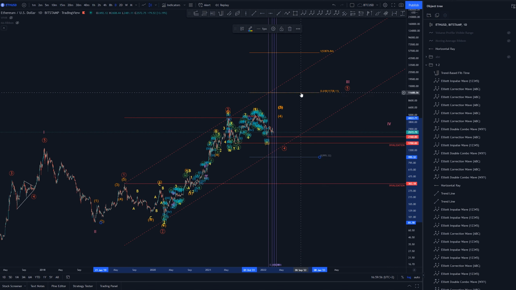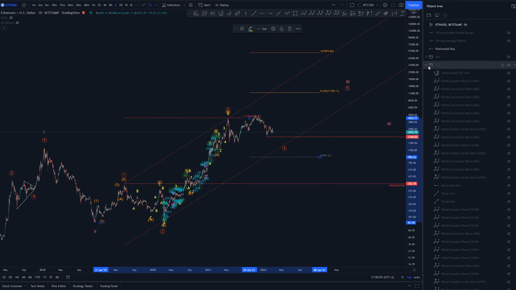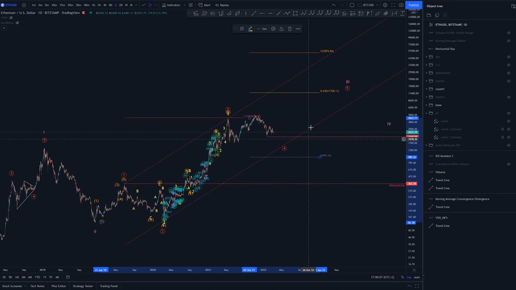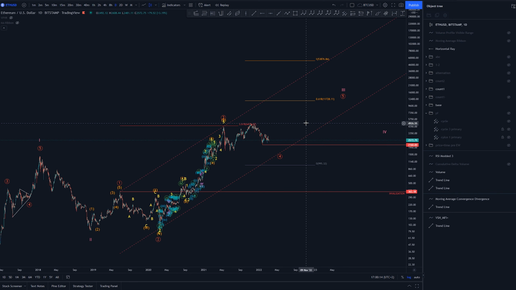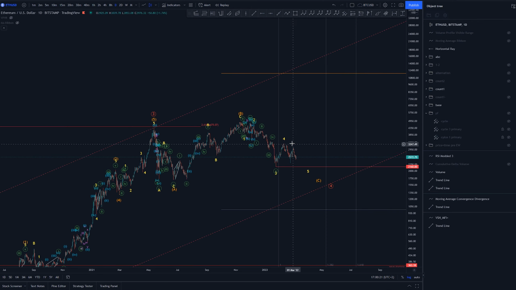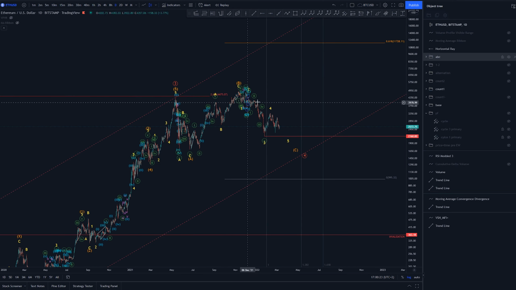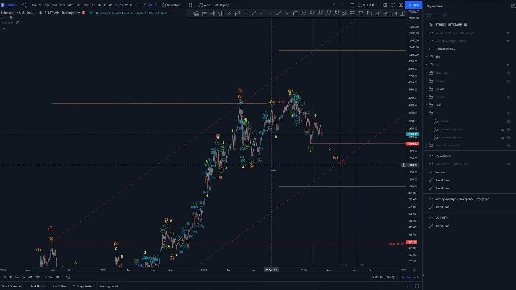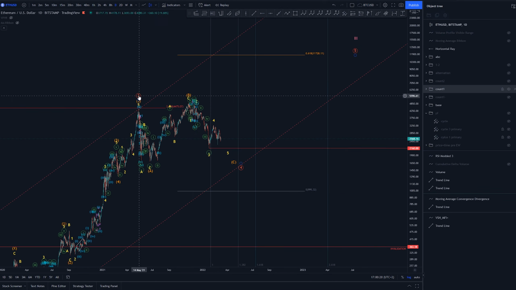So this projection is saying that we're still in wave 4, and whether we come down a bit more, this is the typical target, and that is around the same area, around $12,000. For that we got this count. So this is a bit more bearish, at least on the short term, before that wave 5 of primary.